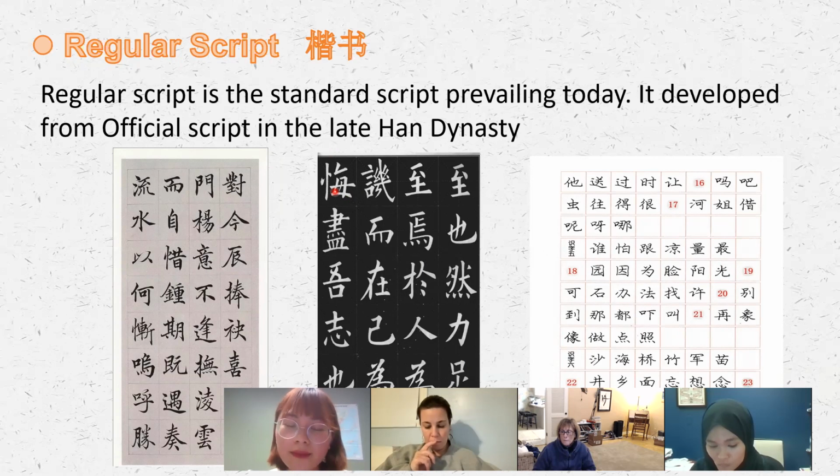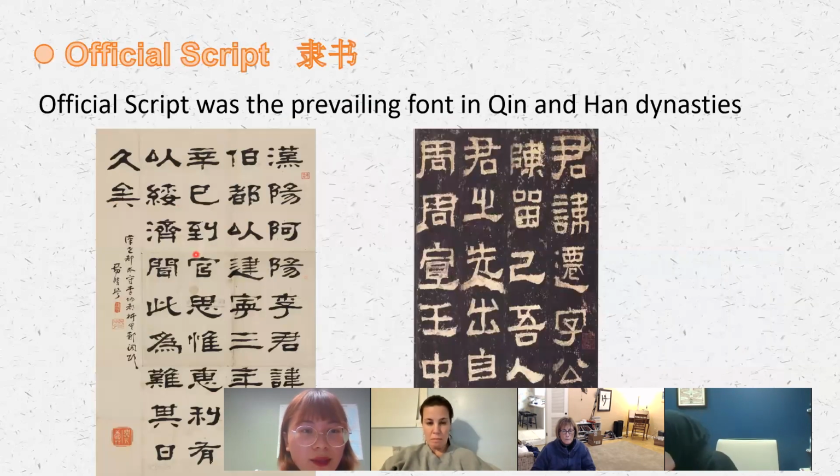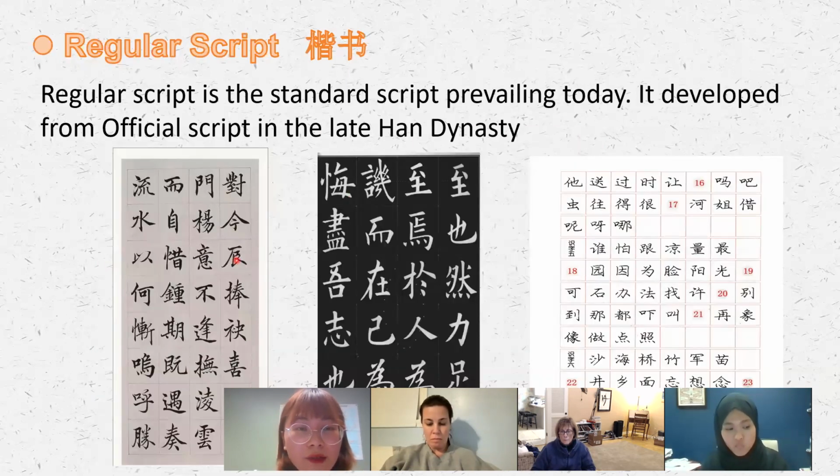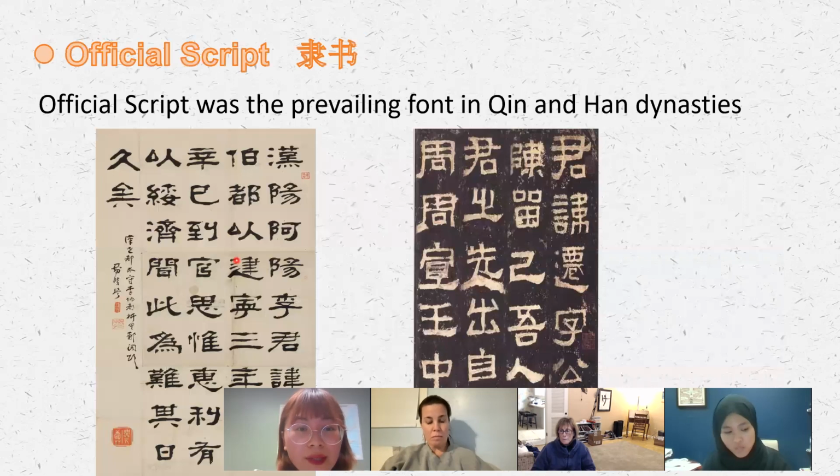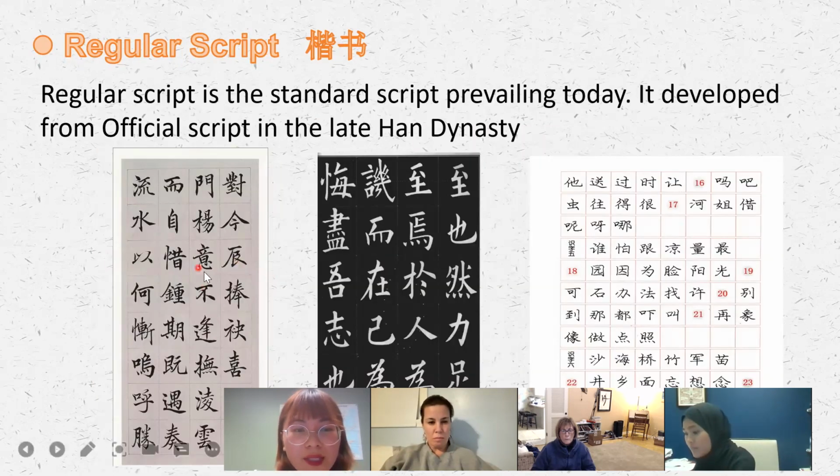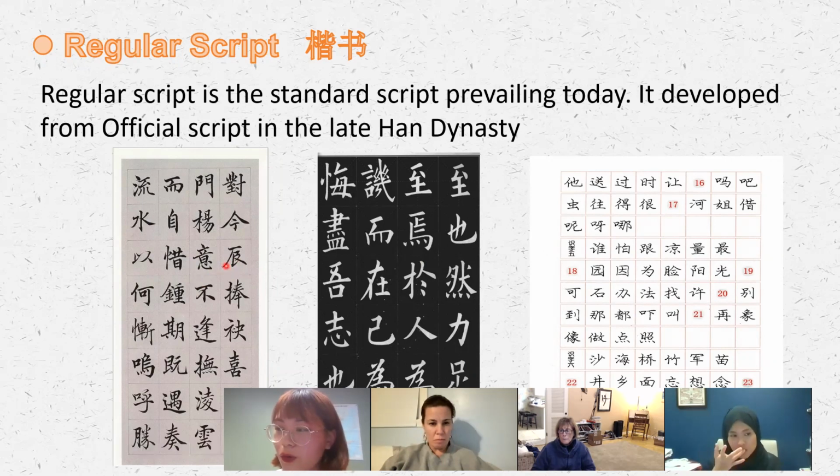Why we say it developed from official script, because we can see this one and this one are familiar, but in regular script, there are not so many waves, and it looks more formal.